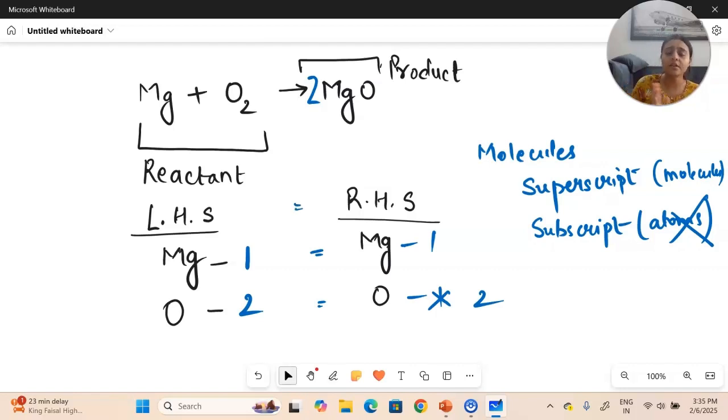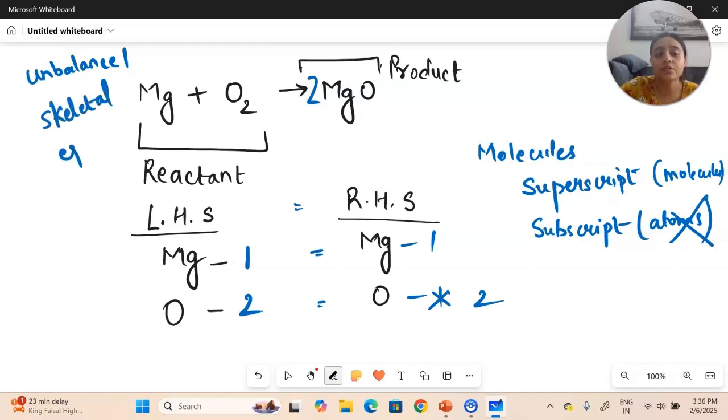So these are certain rules which are made so that it gets easy to balance the chemical equation. Also, one more thing: an unbalanced chemical equation is known as a skeletal equation. So this is the equation which is unbalanced.